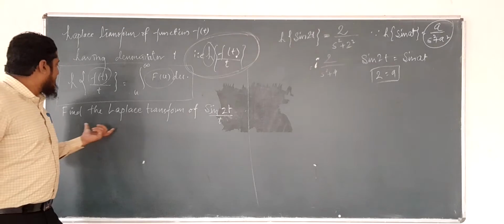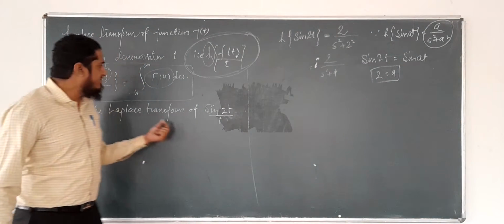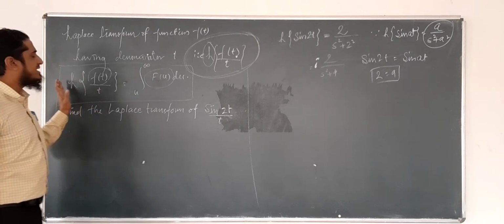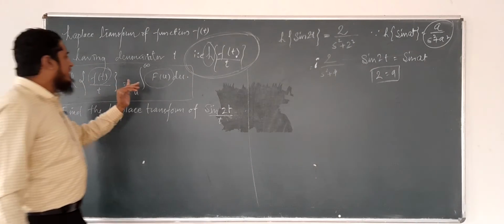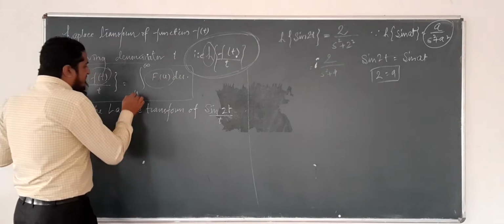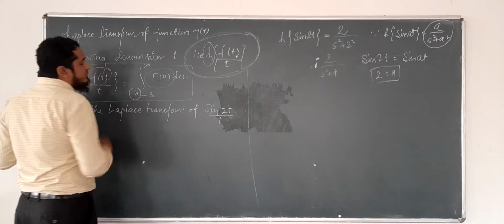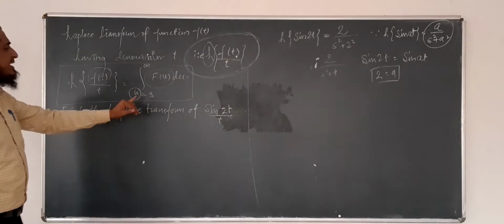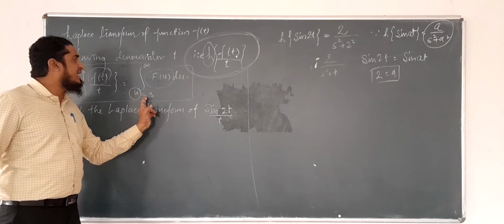We have been asked to find the Laplace transform of sin 2t upon t, and we know the formula: Laplace transform of f of t upon t is equal to integration from u to infinity of F of u du. For our convenience, we can replace this u by s also, so we can write the limit of this integration as s to infinity.